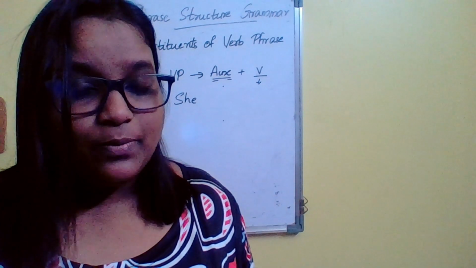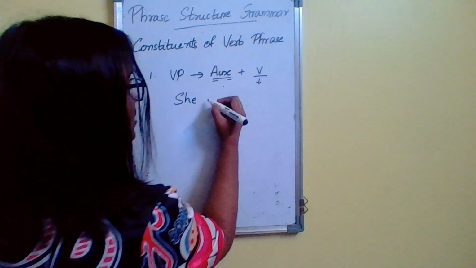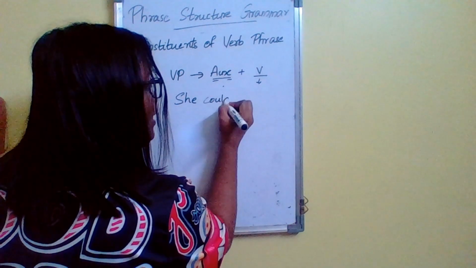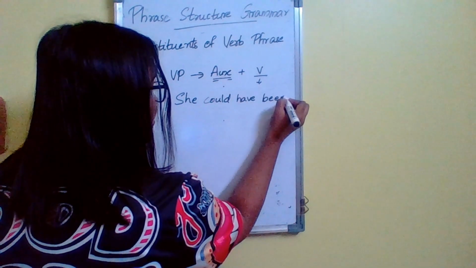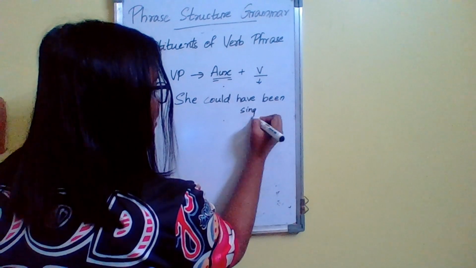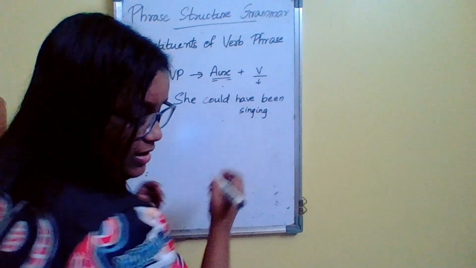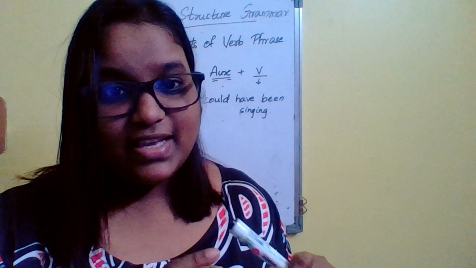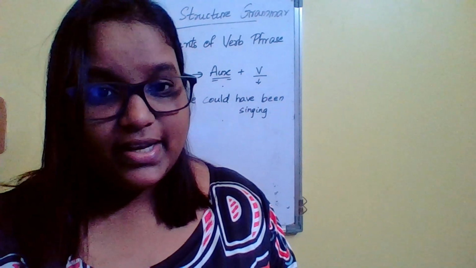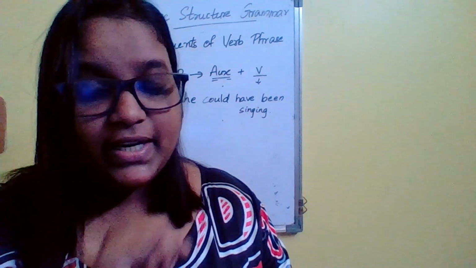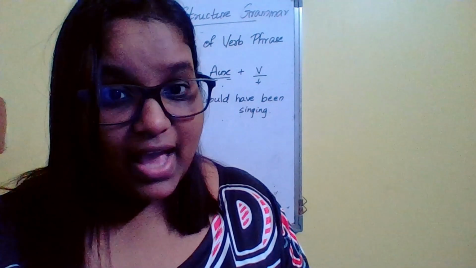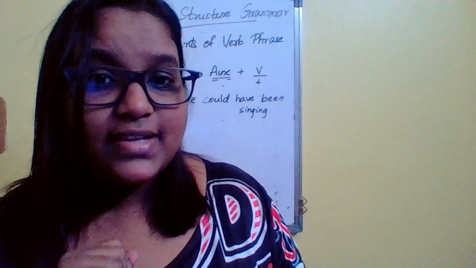And now let's move on to the 7th one, which is she could have been singing. Now, we already discussed auxiliary with 2 elements, auxiliary with 3 elements. Now, in this particular sentence, auxiliary has 4 elements. Let's discuss what they are.